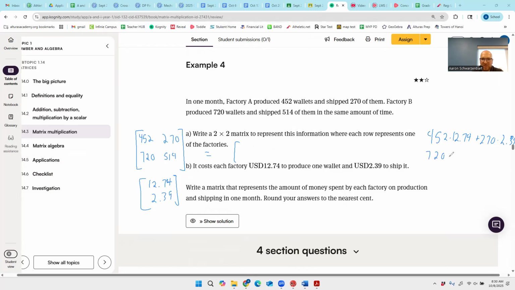And then 720 times 1274 plus 514 times 239. Is it 2.39? It's 2.39, yes.